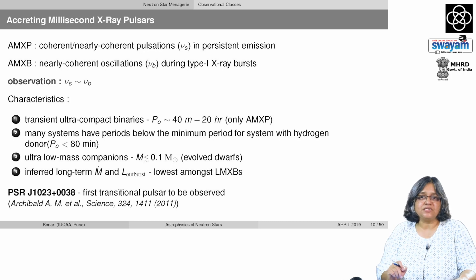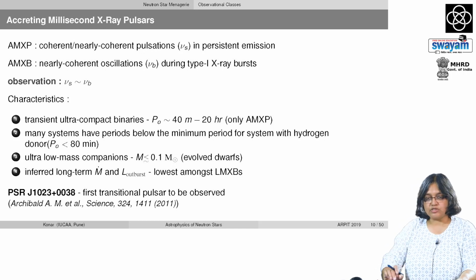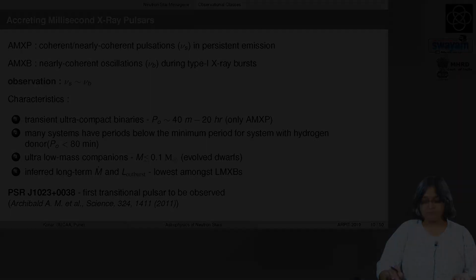Many systems have periods below the minimum period for systems with a hydrogen donor, which basically means that they have evolved dwarfs as companions, that is, the companions are not main sequence stars, but have gone on to the evolved phase, white dwarfs etc. Ultra low mass companions, so these are evolved dwarfs, and the inferred long term Ṁ, that is accretion rate, and luminosity of the outburst are the lowest among the LMXBs that we generally know about.